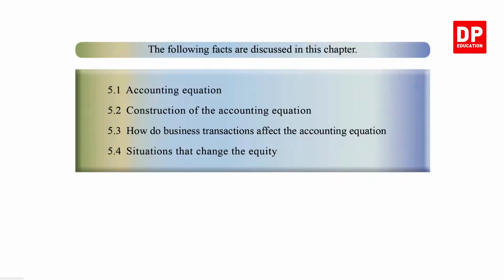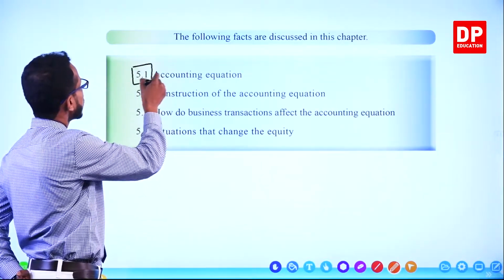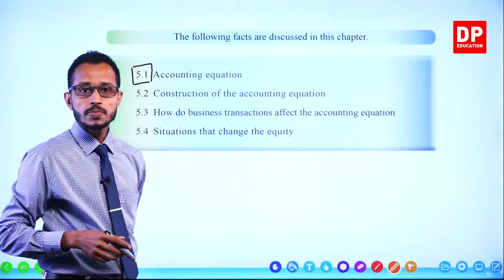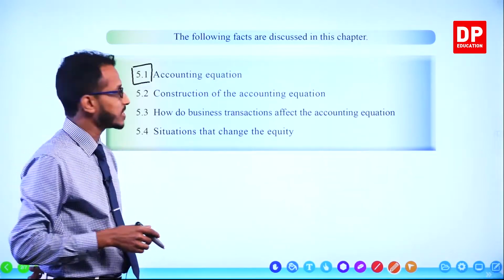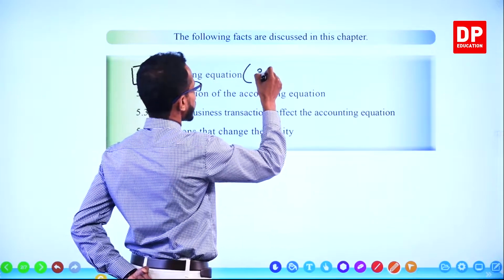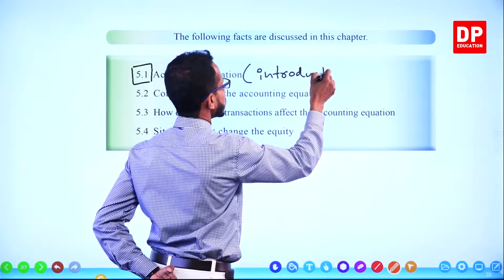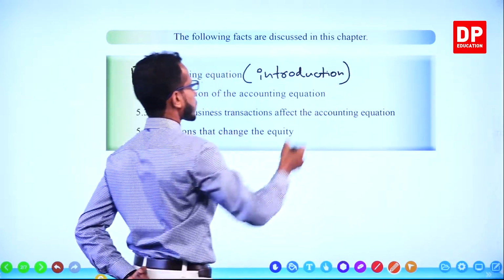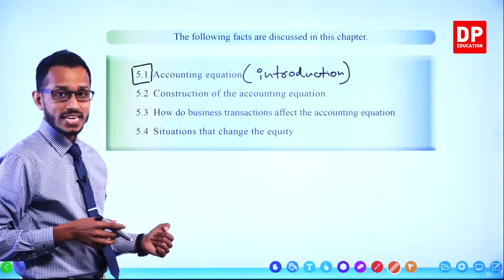Going forward, there's a simple breakdown of your subtopics. Under the main topic, topic number 5, we have 5.1, the first subtopic, the accounting equation. That is an introduction. So I will write introduction. It is an introduction to the accounting equation.